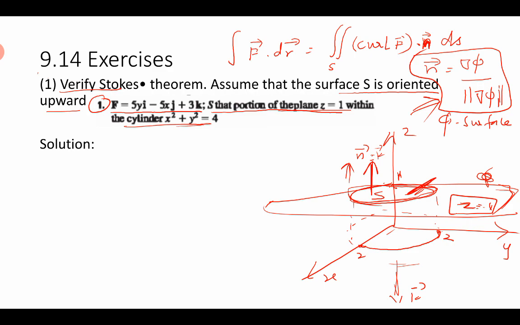The left hand side needs F dot dr. What is dr? dr is dx i, dy j, dz k vector. F vector is given here. Therefore, what is F dot dr vector?